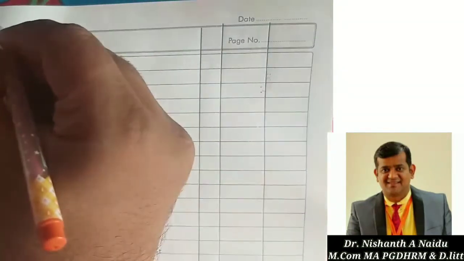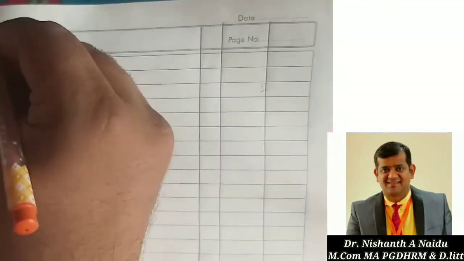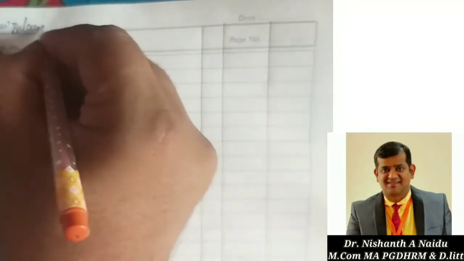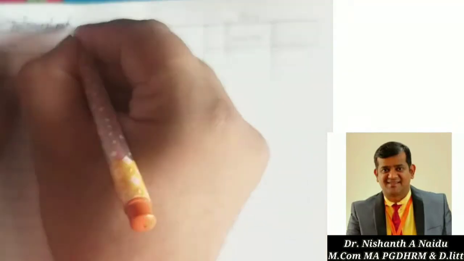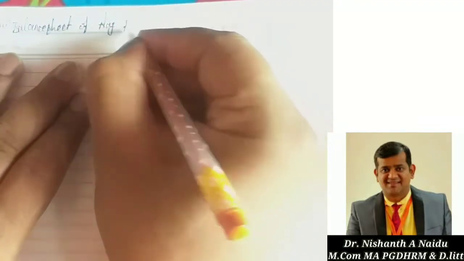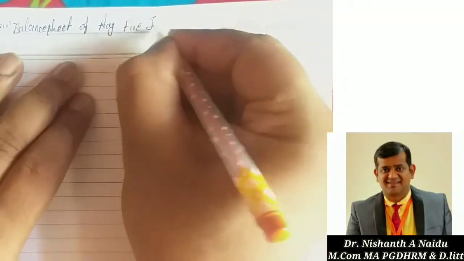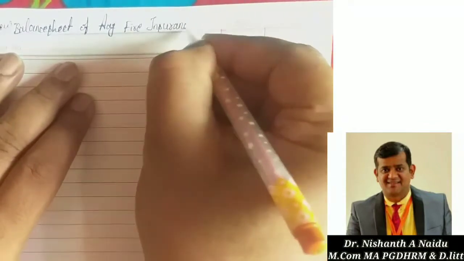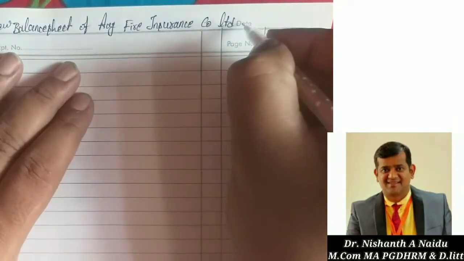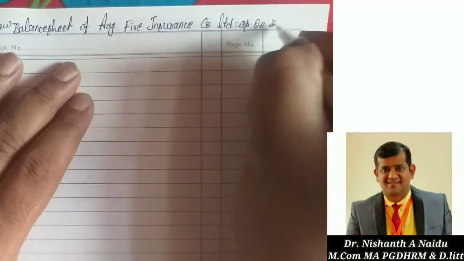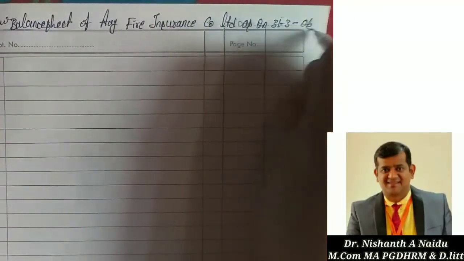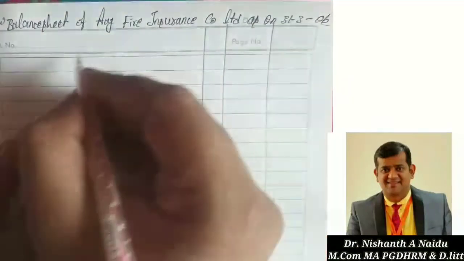So the heading for this is new balance sheet of AG Fire Insurance Company Limited as on 31st March 2006.